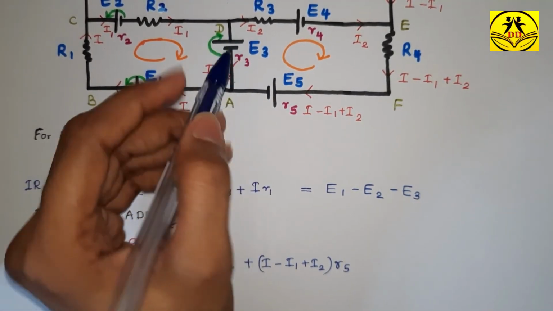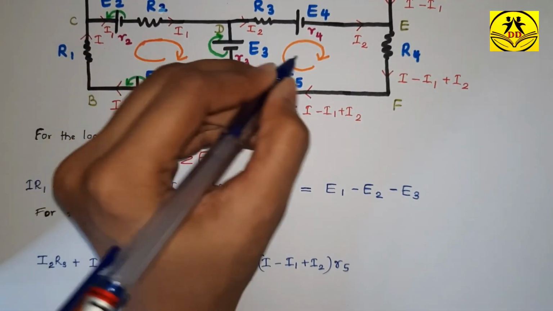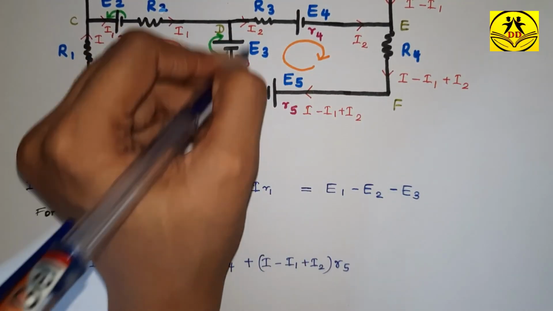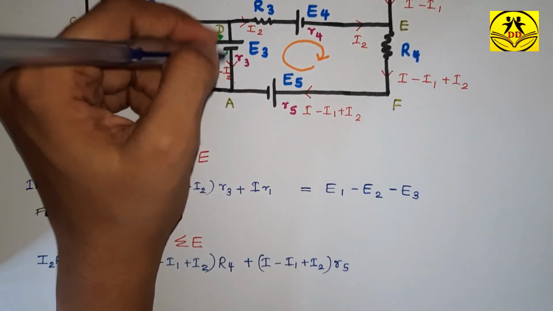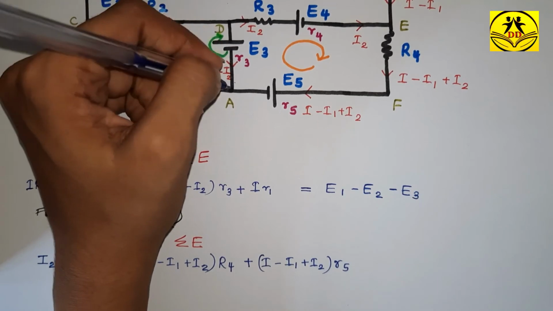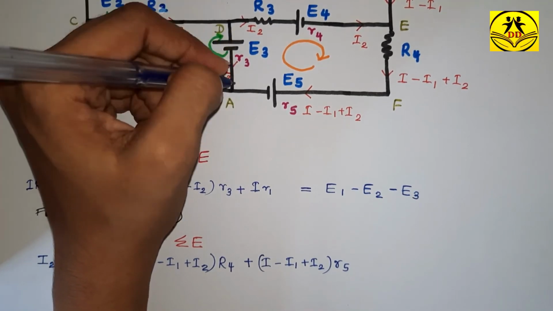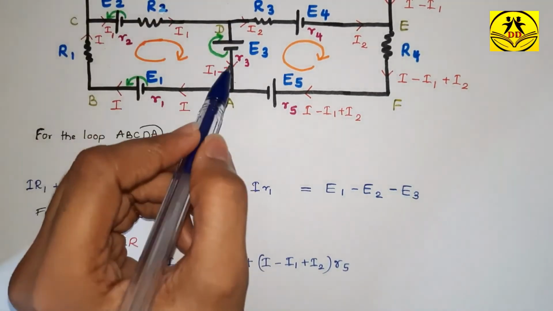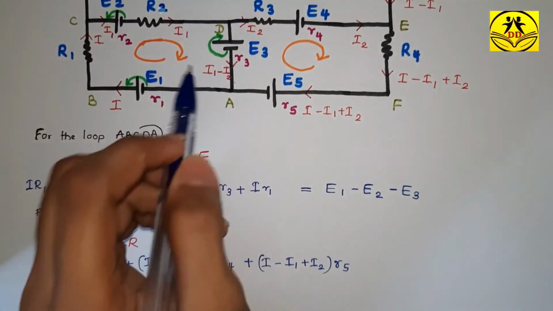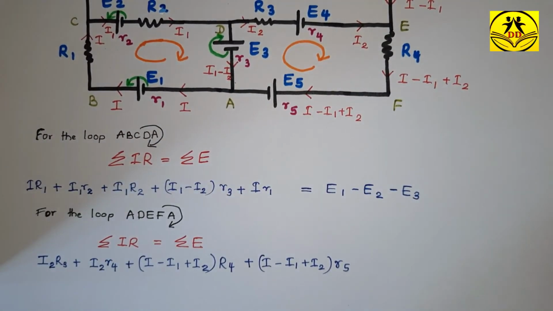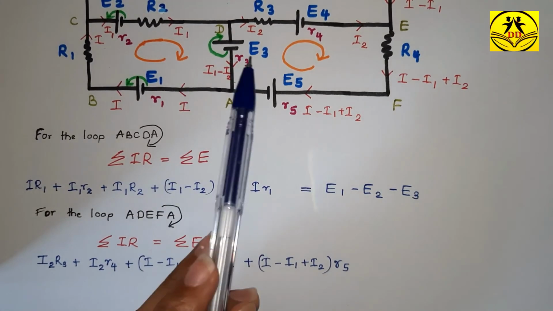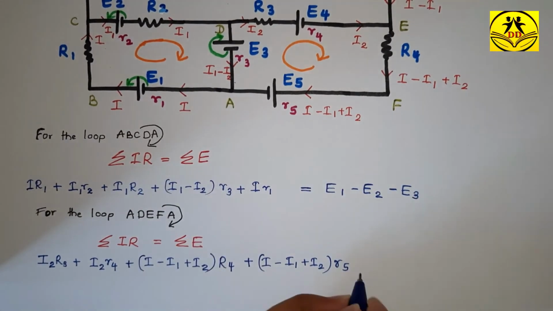And now here you see the direction of the loop is this direction and the current flows to this direction, downwards. Loop is to upwards. So in this case, this IR product is negative since the direction of the current flow is opposite to the direction of the loop we consider.